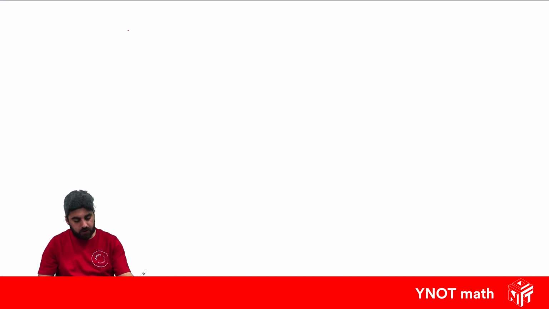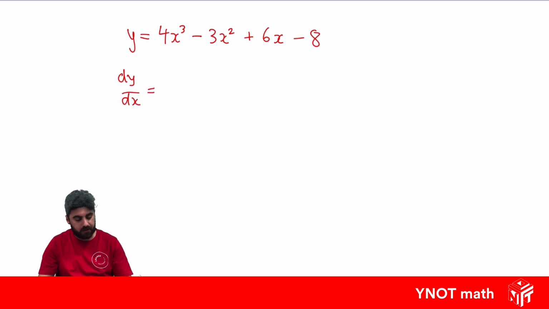Now if we have multiple terms, like 4x cubed minus 3x squared plus 6x minus 8, all we need to do is derive all these separately and combine them together.